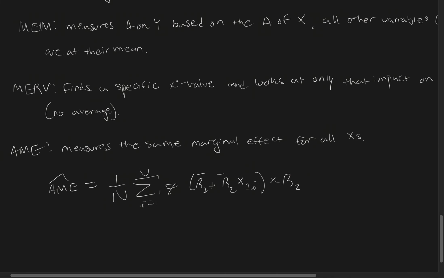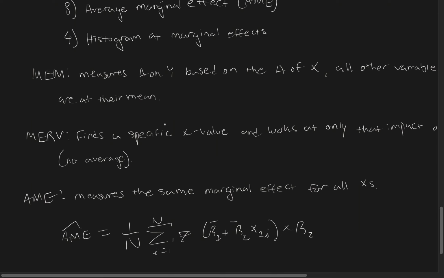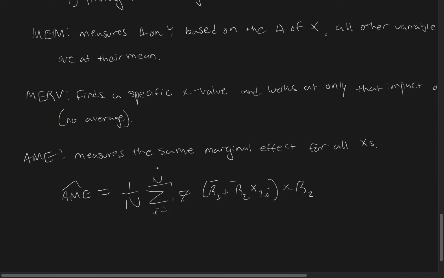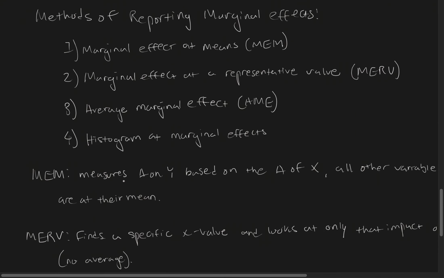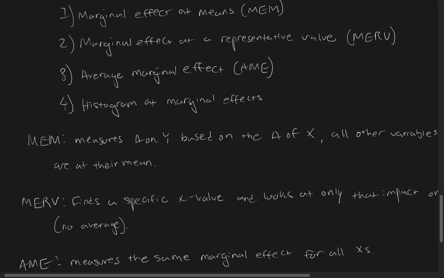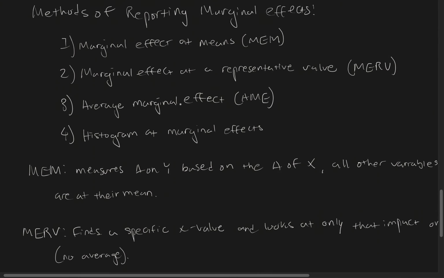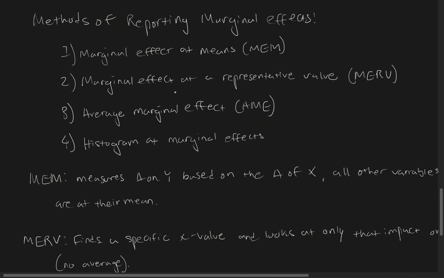So when we're doing this, I'd say the most common and most useful way of reporting is the average marginal effect. We can also look at the histogram of the marginal effect, but that's a more visual representation. We're not going to report that as a specific way, but usually what we would do is sample it off the representative value.